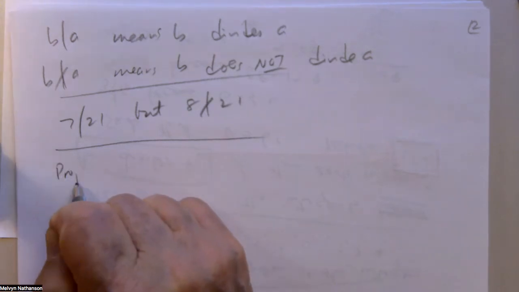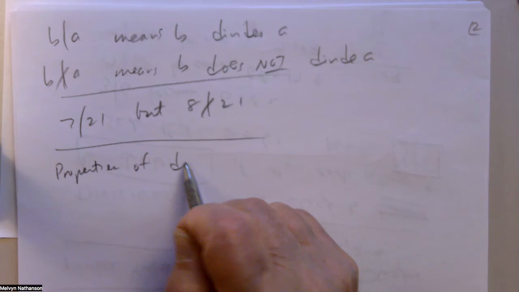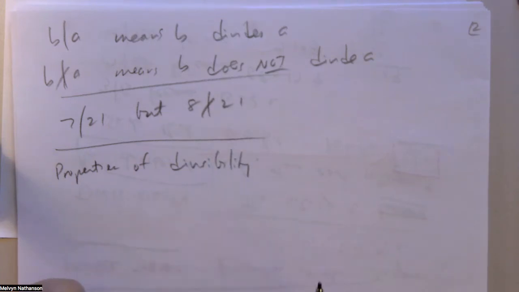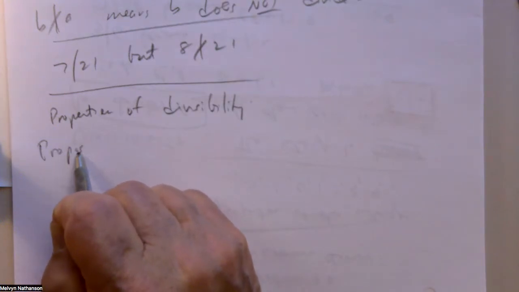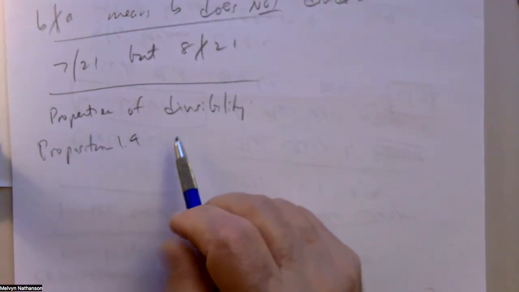So there are some properties of divisibility. And this is proposition 1.4.